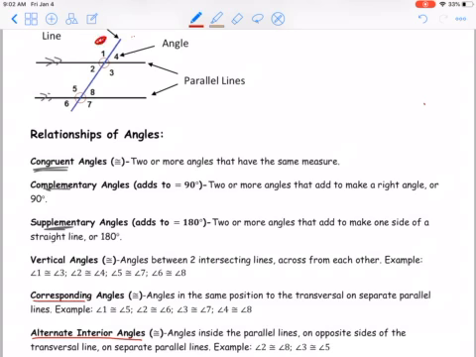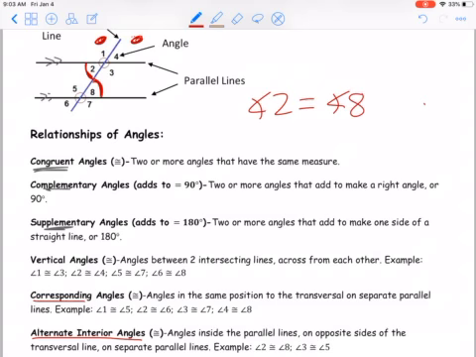So one angle is going to be on this side, one angle is on that side. And they have to be interior. So here and here. And they have to be on different parallel lines. So angle 2 is on the top parallel line and angle 8 is on the bottom parallel line. Those are equal. So if you know angle 2 is 60 degrees, then you know angle 8 is 60 degrees also.